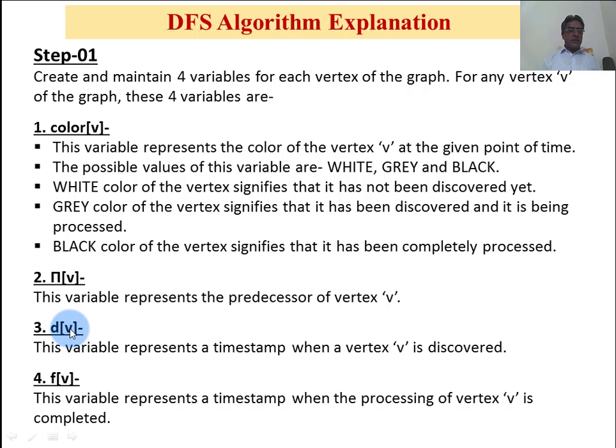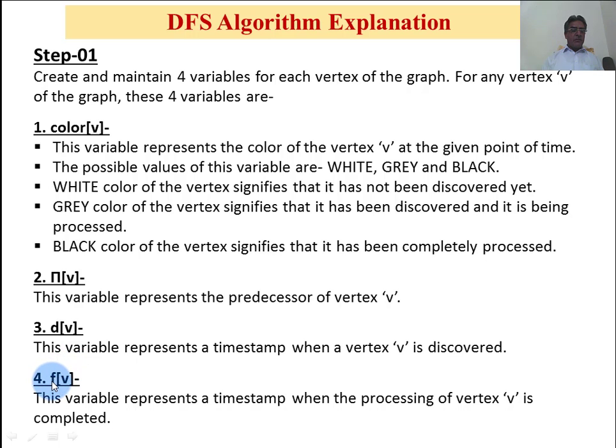Discovery of v, that is, discovery of the node which is stored in variable v. This variable represents a timestamp when a vertex v is discovered, and here in the graph it is denoted as the numerator of the fraction in the graph.